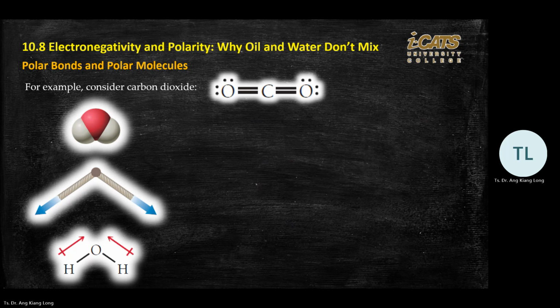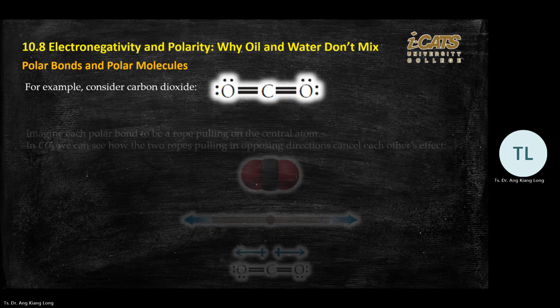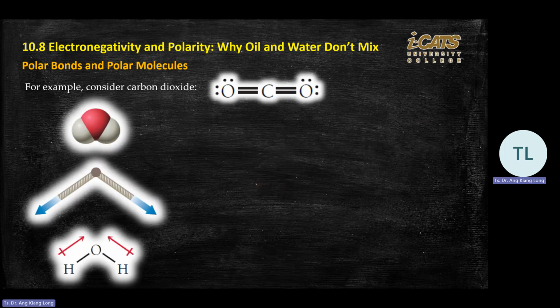The red arrow is pointing in the direction of the electrons. H is sharing electrons with the oxygen, right?